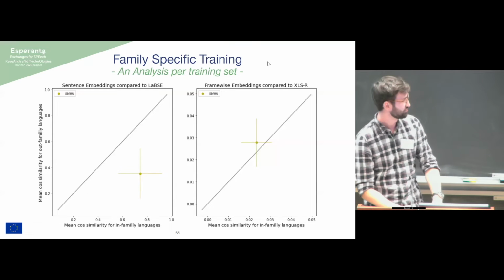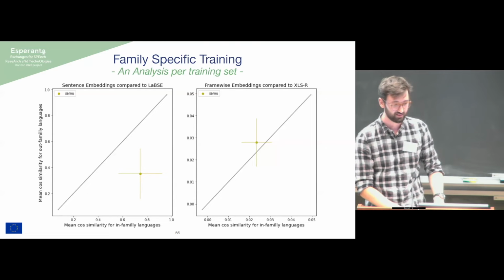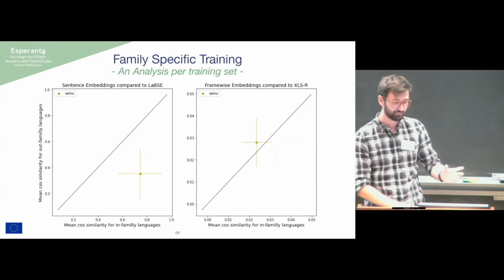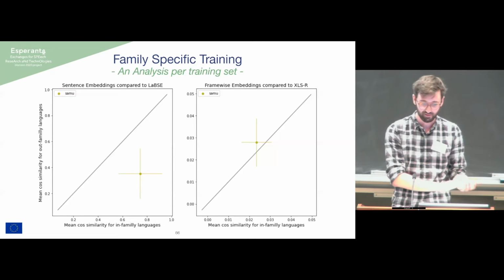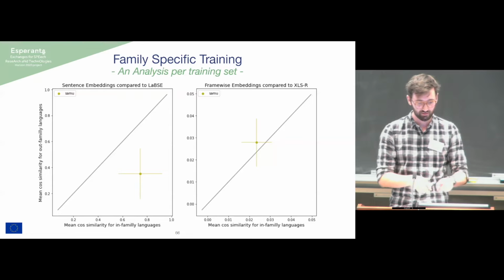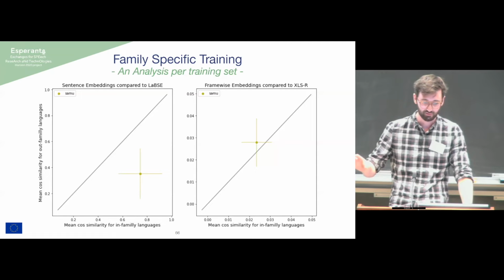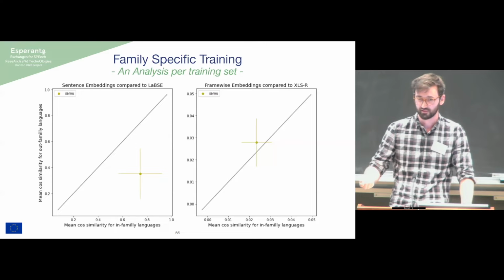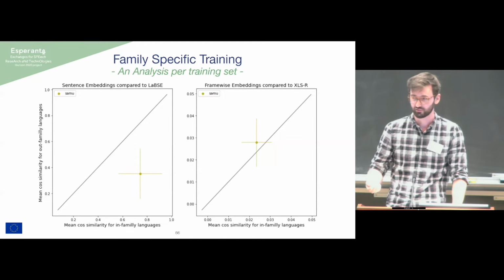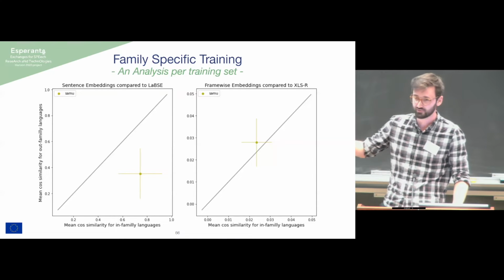Those are the 2 graphs that are interesting here. The left one is the sentence embeddings from SAMU-XLSR compared to the sentence embeddings from LaBSE. For the 2 axes, the x-axis is for the in-family languages: are they similar to the language on which it was trained? That's expected, because you are training them to get closer to LaBSE.